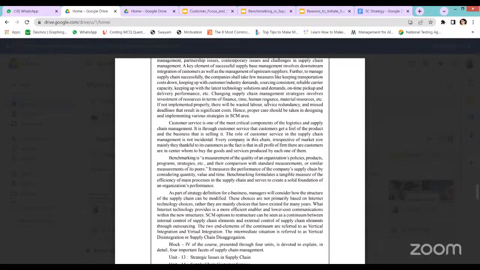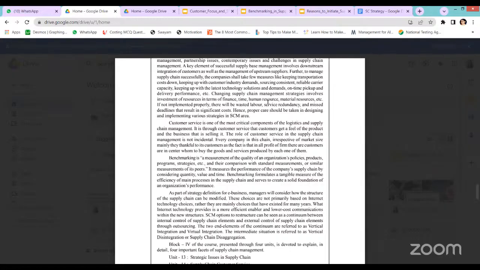The next third unit in this block is benchmarking of supply chain management. What is meant by supply chain benchmarking? Benchmarking is not simply copying one standard and following that. It is beyond that. It is learning and adopting.